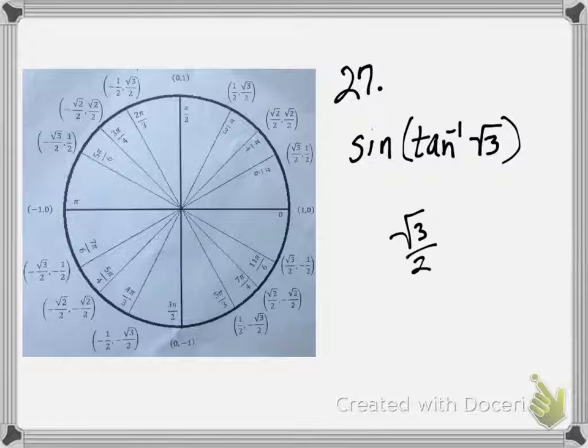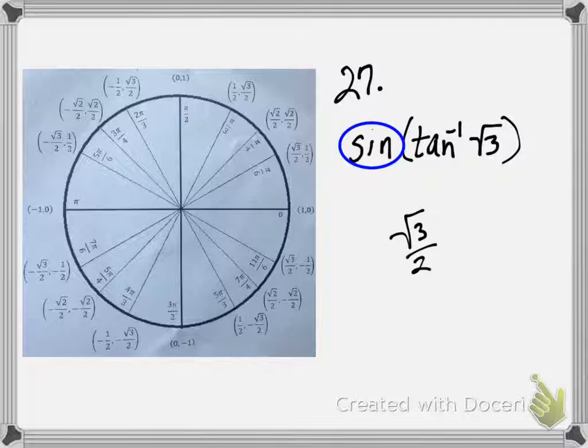On this one, we know we're looking for a point because we don't see -1 here. So we're looking for, where's the tangent value where it's the square root of 3?